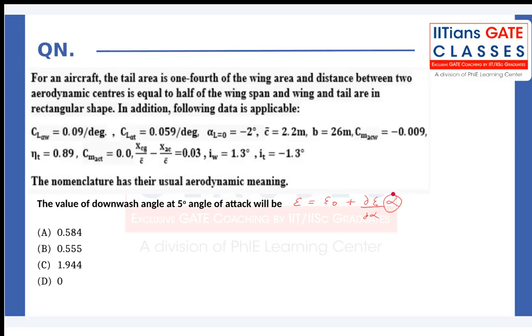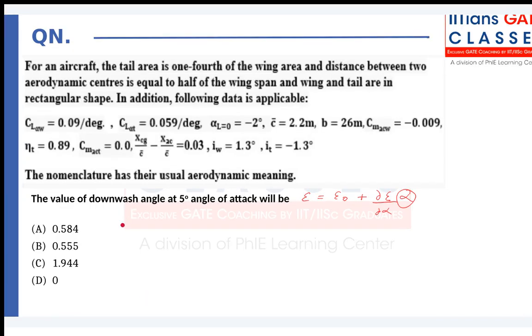Okay, what about others? Have you started doing it? I will help you with the equations, so maybe then you can proceed. The first equation that we need to use is epsilon naught, and that is given to you by 2 CL naught by pi E A R. All of these terms you do have with you, right?